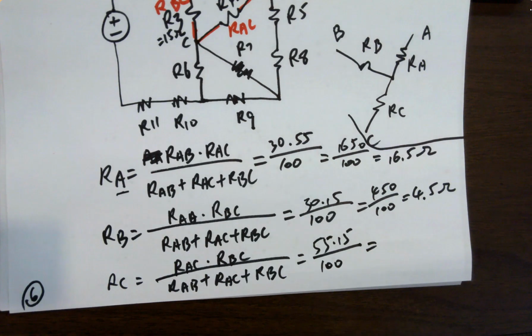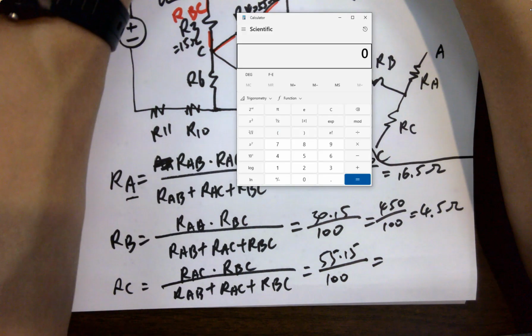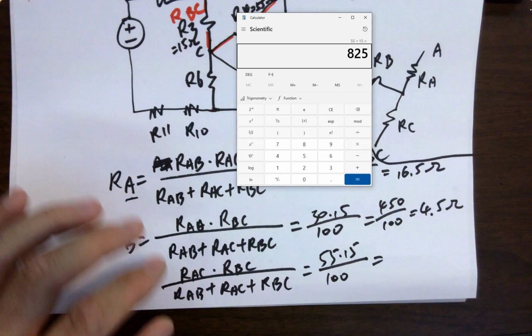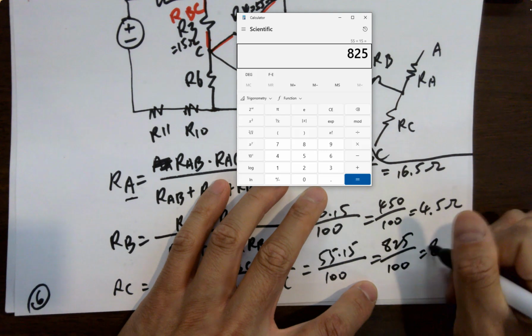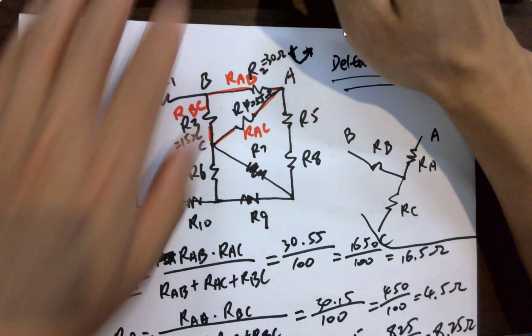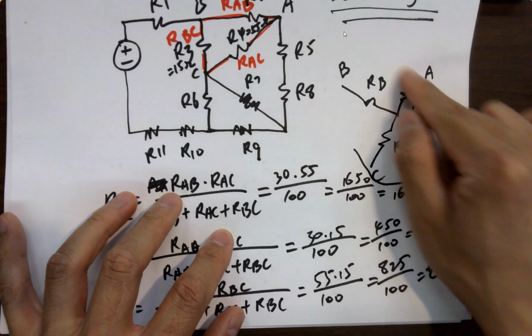What is that value? 55 times 15, 825 over 100, which is 8.25 ohms. Okay, so now these 3 resistors are calculated.